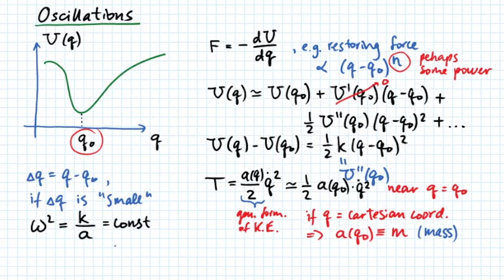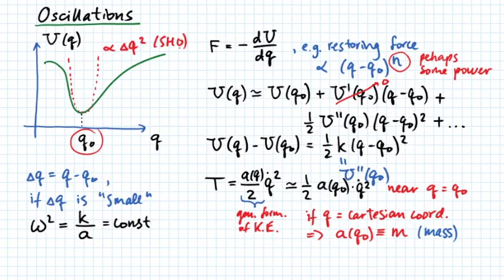In other words, not dependent on the amplitude of oscillations. So the quadratic term of the potential, which approximates the potential energy well near the equilibrium, in fact describes a simple harmonic oscillator.